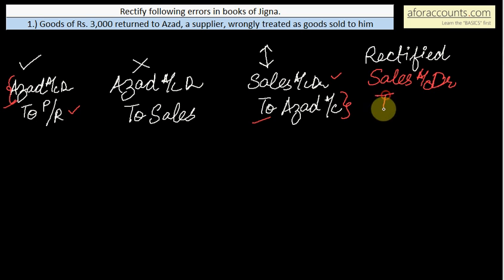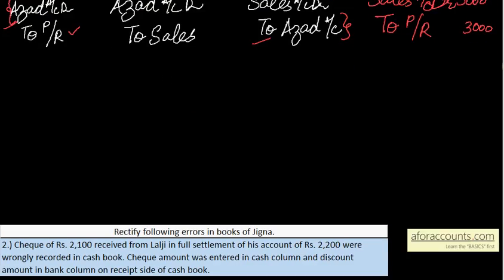So to purchase return, and the amount is 3000. So my rectified entry here is sales account debit to purchase return. This is the solution of the entry for goods of rupees 3000 returned to Azad, the supplier, wrongly treated as goods sold to him. Okay. Now taking up the next point of this question.